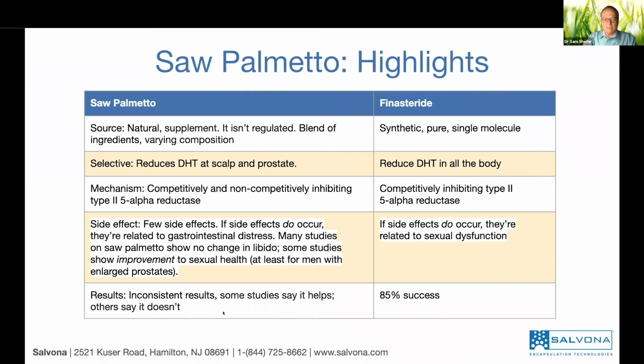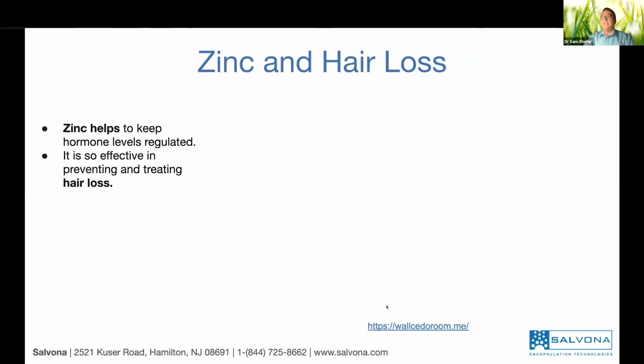Palmetto has inconsistent results, especially when you take it orally, because of the natural source and the blending and so on. Some studies say it helps, others say it's not. However, the drug company that makes finasteride is claiming 85% success. So this is the issue with the Palmetto.